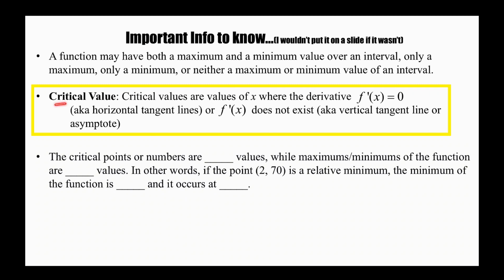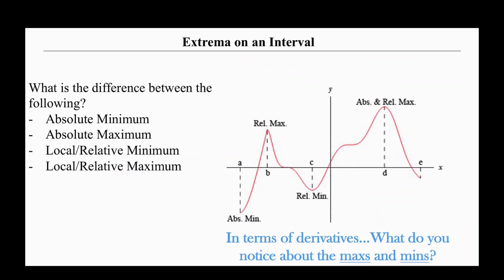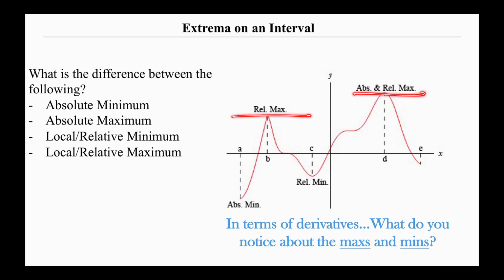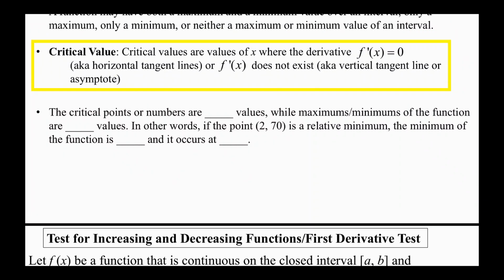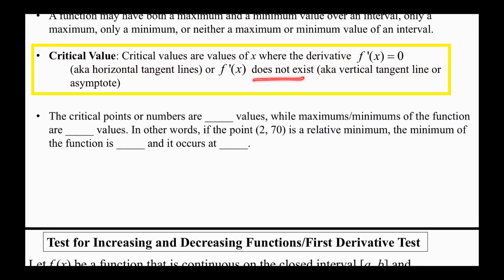So that's what we're going to deal with today. Every single one of these today, we're going to find a critical value because that's going to tell us where the derivative is 0 or doesn't exist.